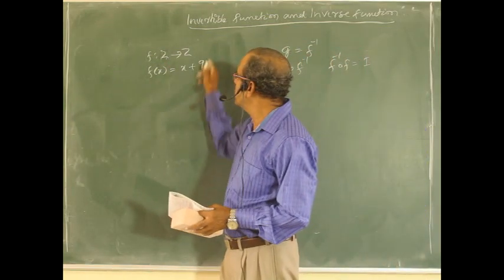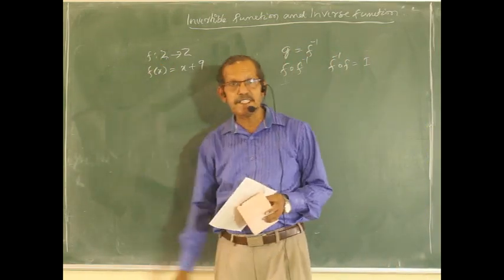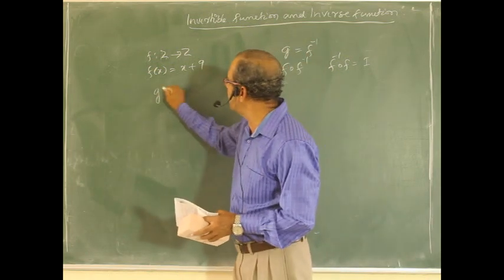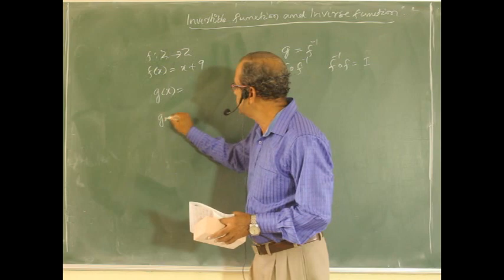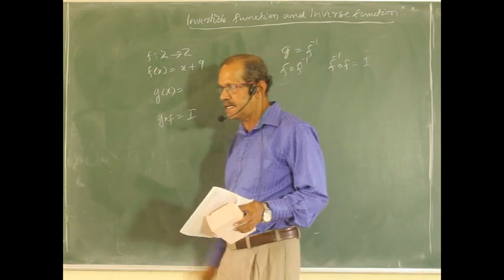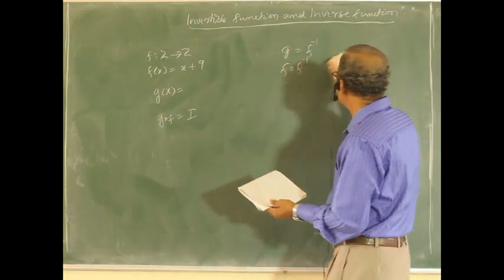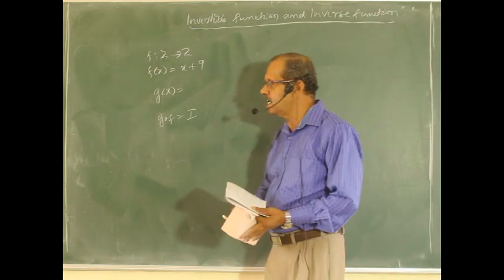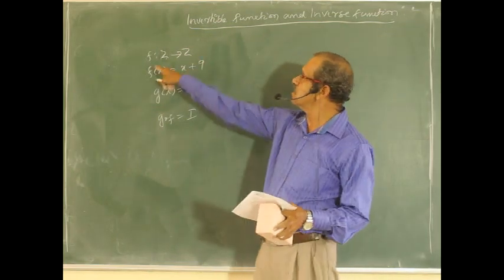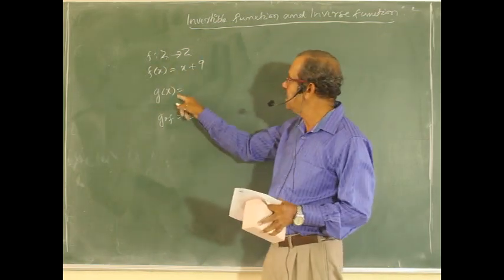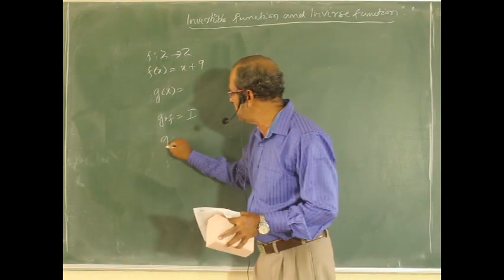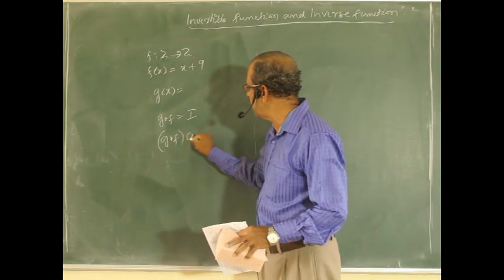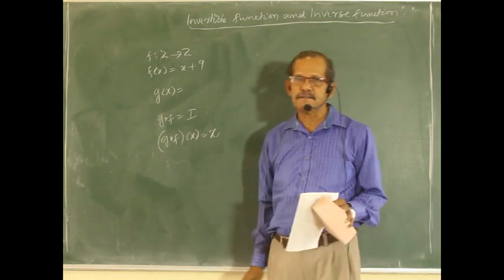Here, in order to find whether the given function f is invertible, can you define another function g of x such that g composite f is identity? Can you find function g from Z to Z such that g composite f of x equal to x itself? G composite f of x is x itself.